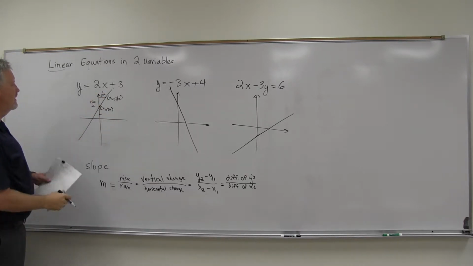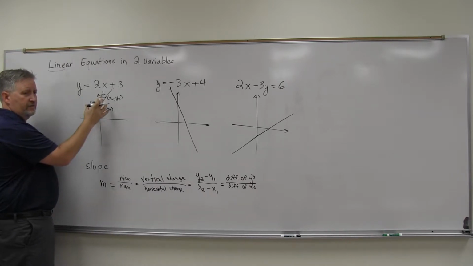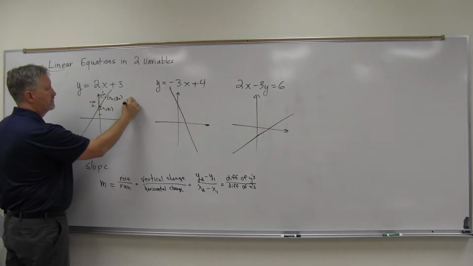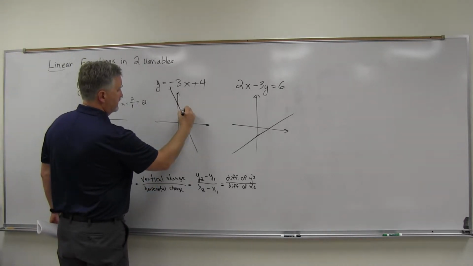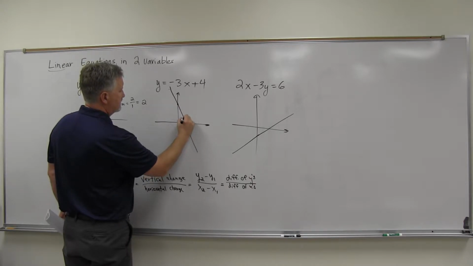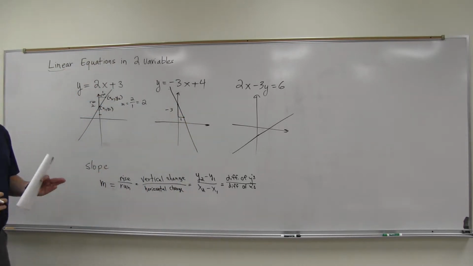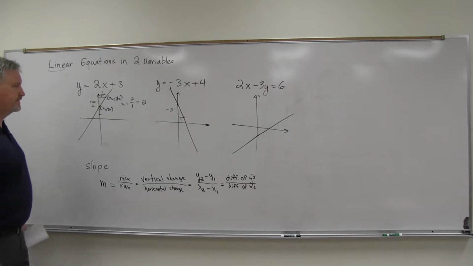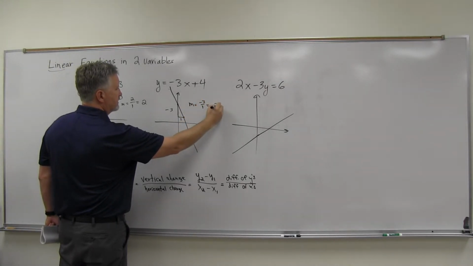We'll talk about that more in just a second, but the rise to run ratio here is 2 over 1, which means our slope, M, is positive 2. Whereas over here, if I run from this point down to this point, we go down 3, and then we run 1. Like I said, we'll talk about that if you don't know where I'm getting that. But the slope here, the rise over the run, is negative 3 over 1, so that's a negative 3.